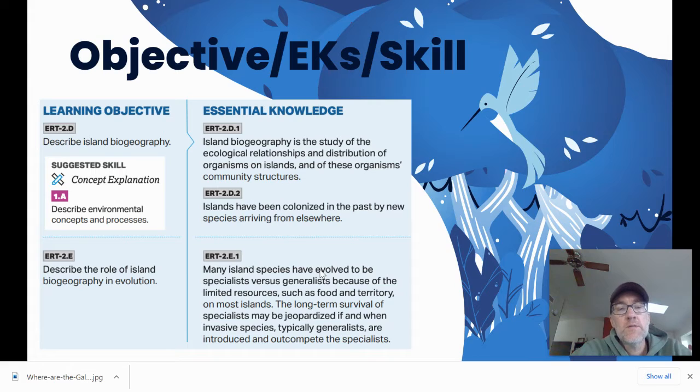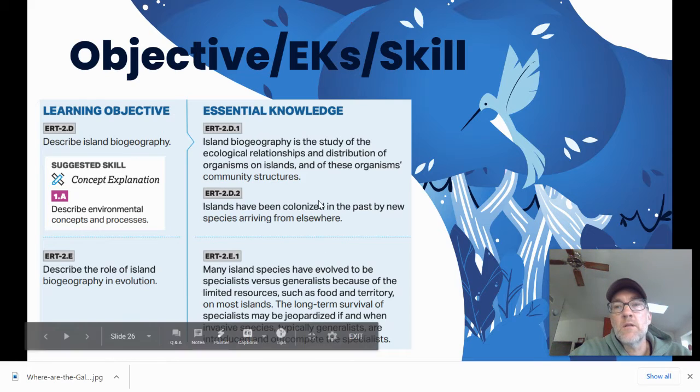Because islands oftentimes evolve species that are pretty sensitive to disturbances. They're specialist species, not very easily adapting to changes in conditions. And when we talk about biodiversity loss, oftentimes we're talking about places like Hawaii or the Galapagos in some cases, where species are being lost.